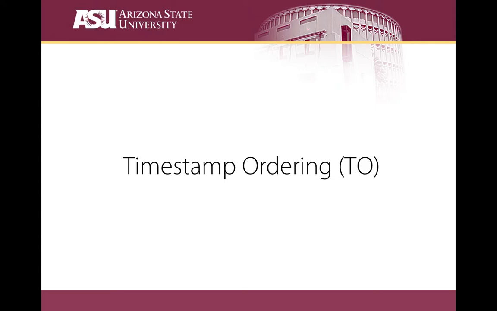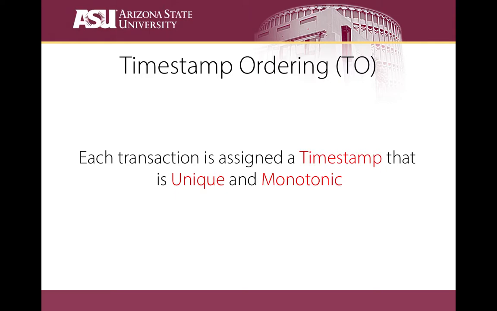So what we discussed so far are locking-based mechanisms. But there are other mechanisms, for example, the timestamp ordering mechanism. Instead of the database system keeping track of locks with a lock manager, shared locks and exclusive locks, each transaction comes with a timestamp, and each operation in the transaction also comes with a timestamp.